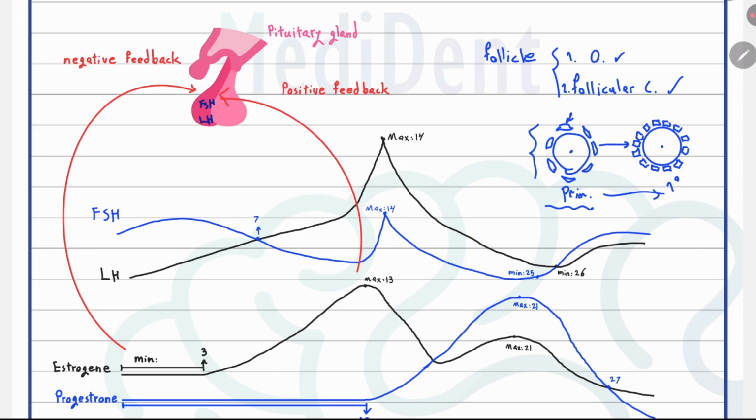In different references you can see different numbers, but in general, about 5 to 7 million of these primordial follicles are formed in the ovaries of the fetus, and when the fetus is born, only 1 million of these primordial follicles remain. But that's not all.